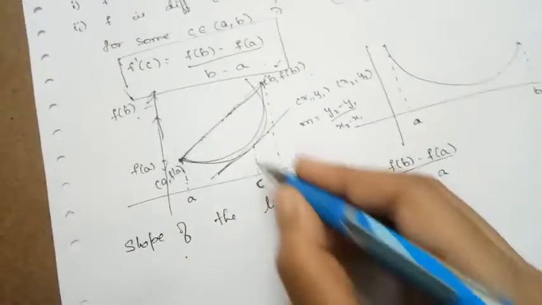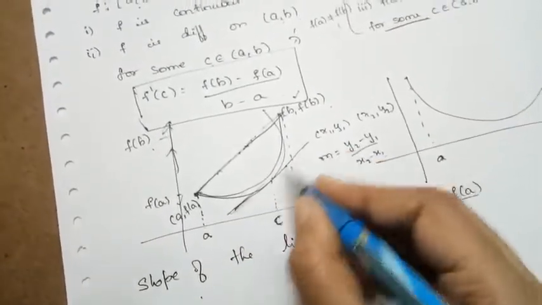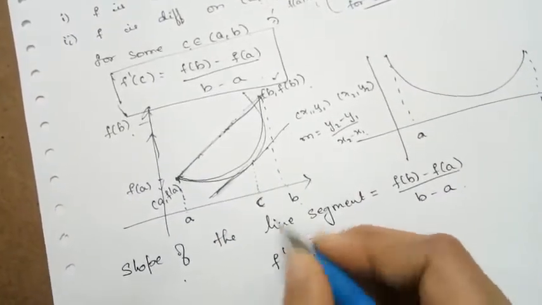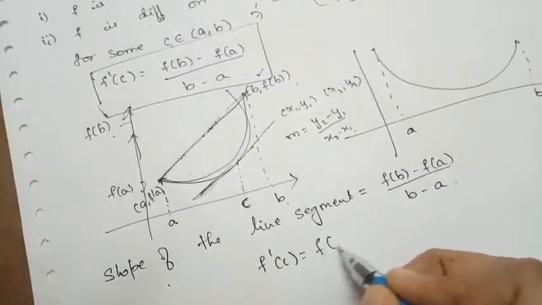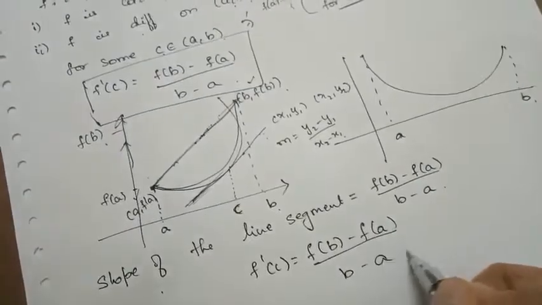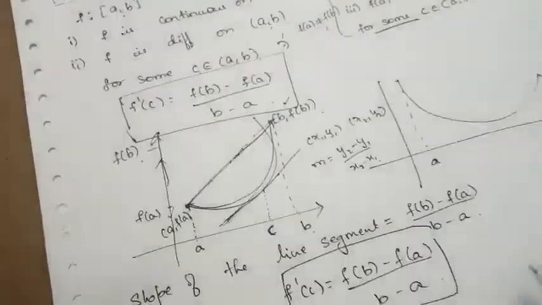That's what we are saying: the slope of the tangent drawn to this curve at the point C is equal to the derivative of the curve at C. The slope of that line is f of b minus f of a divided by b minus a. So this is what the mean value theorem is saying.